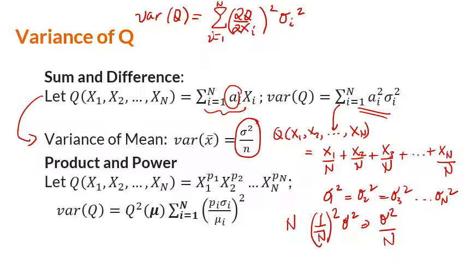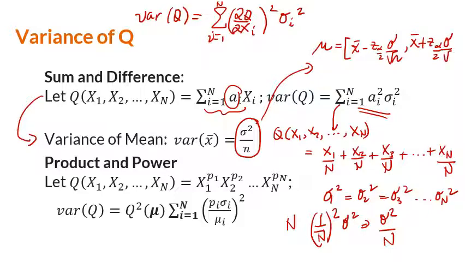So yung ginagamit natin na pag-estimate ng mu, yung estimator natin ng mu, which is given by the confidence interval, x bar minus z alpha over 2 sigma over square root of n, until x bar plus z alpha over 2 sigma over square root of n.